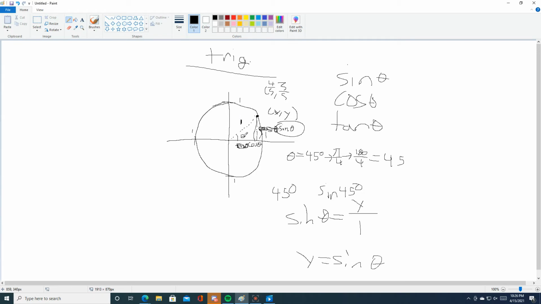The nice part about the unit circle is that since the radius is 1, y is just sine of theta and x is equal to cosine theta. If the radius wasn't 1, it would be like y equals some number a sine theta and x equals b cosine theta. That's all that would change. But in this case, sine of 45 degrees equals y, and it turns out the sine of 45 degrees is 1 over root 2, or root 2 over 2.